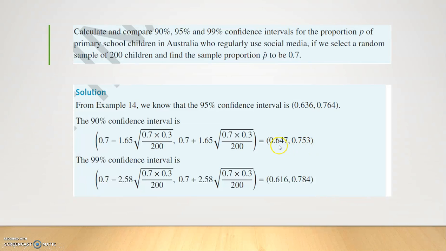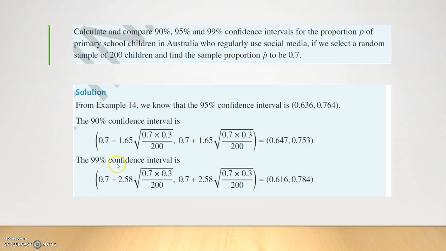So we can expect that the population proportion using this confidence interval is from roughly 0.65 or 65% to 0.75 or 75%. This is only a difference of 10% in our interval.